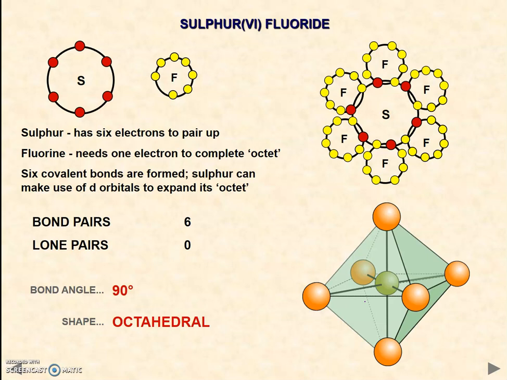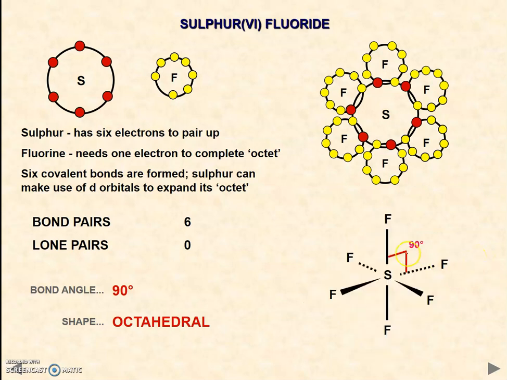Again, there are very few examples of the octahedral shape, because you can't have, say, SCl6, because the chlorine atoms are just too large to get 6 around the sulfur. The bond angle here is 90 degrees, so 90 degrees between the axial and the equatorial, and also here as well. That's 90 degrees as well.